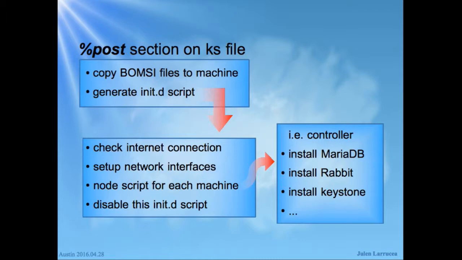So, for example, for the case of the controller, it will install the database, the messaging queue, Keystone, Glance, and so on. And in the end, it will disable the init script so that it does not run again after next reboot, which wouldn't really matter because I try to make the scripts idempotent. So even if you run them again, it won't really mess up the system.